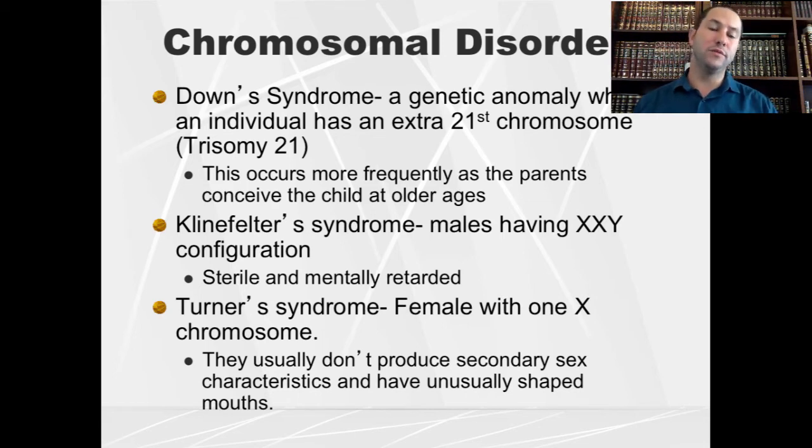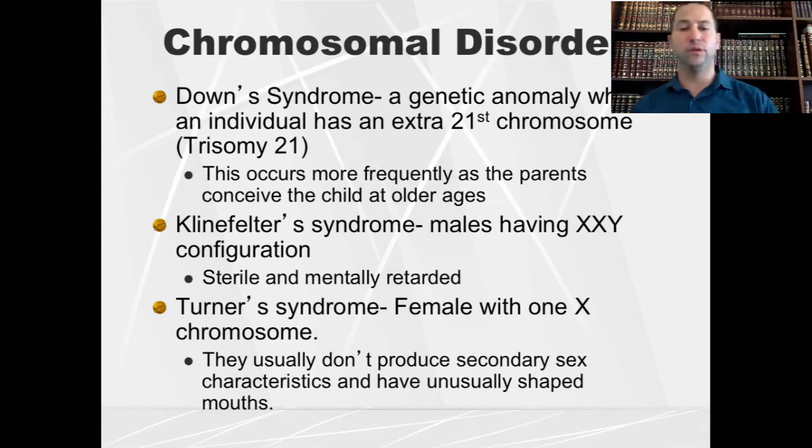So with Down syndrome, there's an extra chromosome. Now, you can have a trisomy on any of the 23 pairs. And in fact, if we look at the sex-related chromosome, you can have an XXY pairing, which is called Klinefelter's. And this usually results in sterilization and intellectual disability.